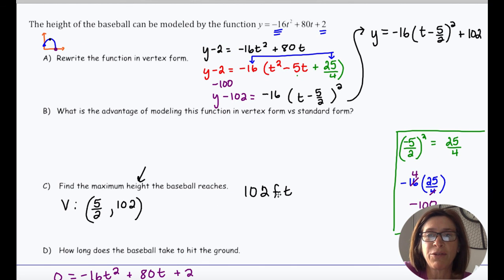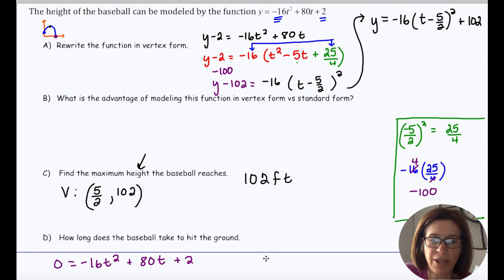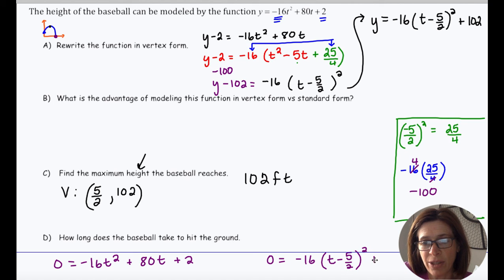Or you could set the vertex form to 0, which I think is probably going to be the easiest method to do. But I'm not going to be going over that in this video. I just wanted to show you how to get it into vertex form by completing the square.